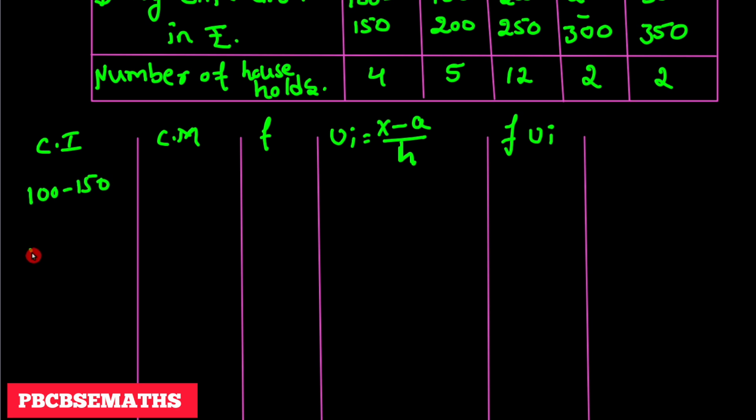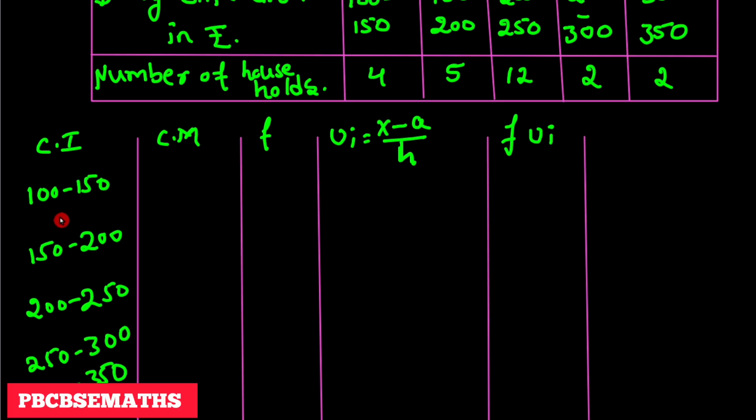Second one is 150 to 200. Third one is 200 to 250. Fourth one 250 to 300. And the last one is 300 to 350.